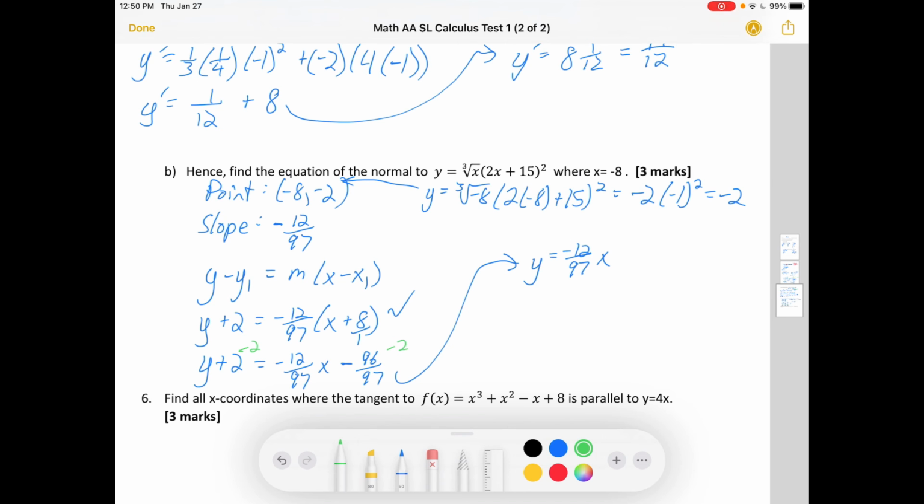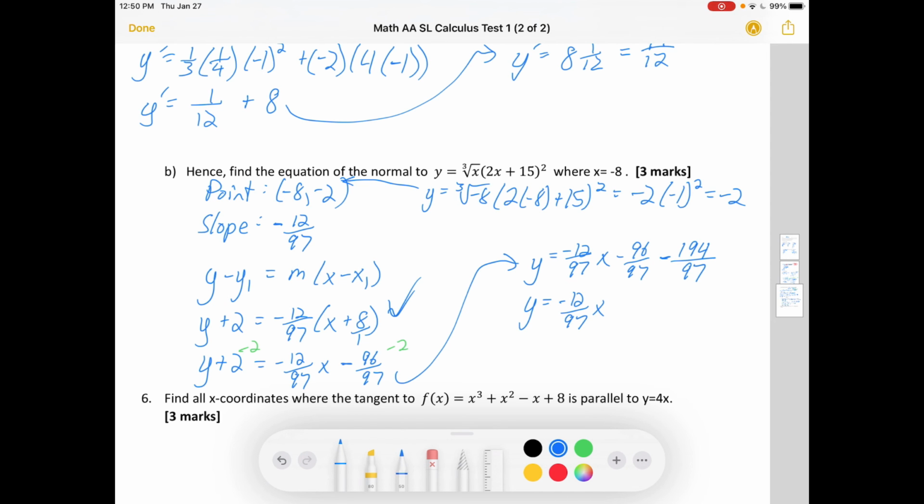I'm going to think of that 2 as -2 times 97 over 97, which is 194 over 97. So again, you've got full marks at this point.